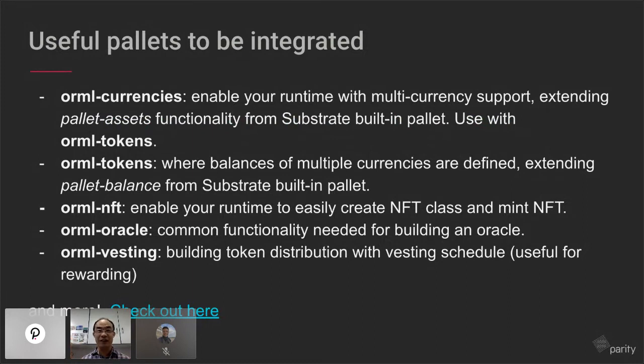If you are building an exchange, you definitely need your runtime to support multiple currencies, other than just the native token. This pallet depends on ORML Tokens, another pallet written in the library. It extends the Balances pallet from the Substrate built-in pallets, and enables keeping track of the balances of multiple currencies.